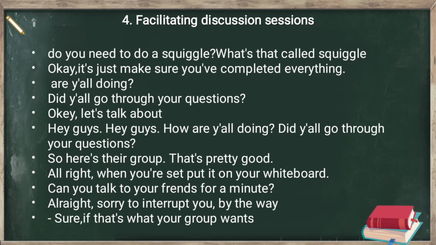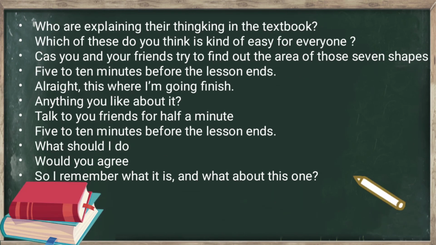Alright, when you're seated, put it on your whiteboard. Can you talk to your friends for a minute? Alright, sorry to interrupt you. By the way, if that's what your group wants. Who is explaining their thinking in the textbook?